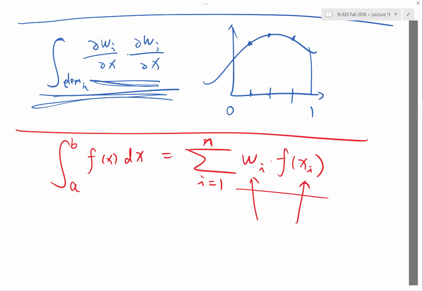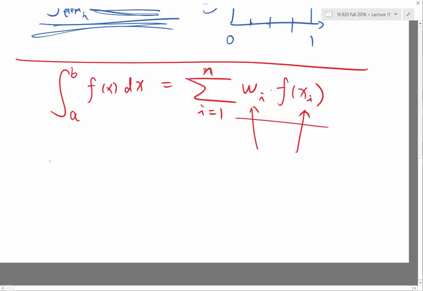Order 1 can integrate a linear function exactly, right? So basically, I'm saying I want to integrate between a and b. For example, if I have a constant function, then it doesn't matter. Wherever I choose to evaluate the function, I always get the same constant, as long as my corresponding w is equal to b minus a.